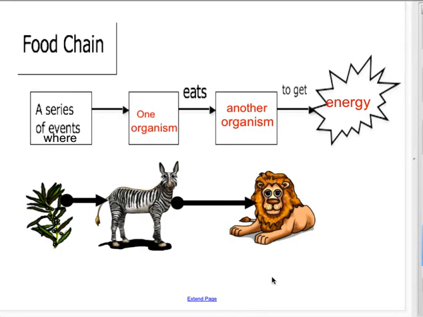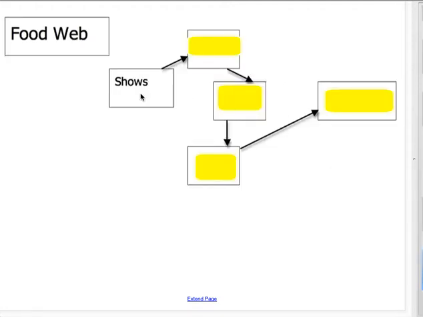Now this is a very simplistic way of looking at how things work. You know that there might be other things that the zebra eats, and the lion doesn't only eat zebras, right? So there's more going on in this ecosystem than just a simple food chain. What we have are food webs, and that's a little more realistic.